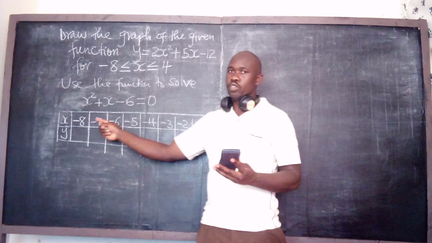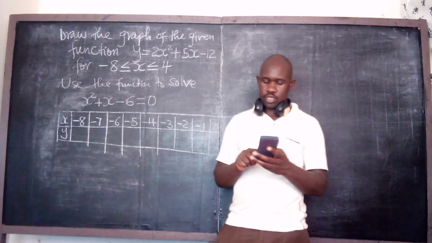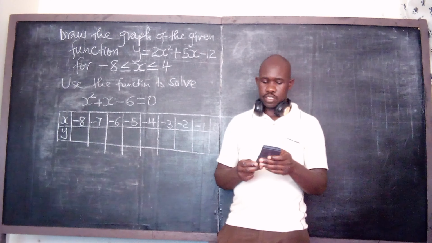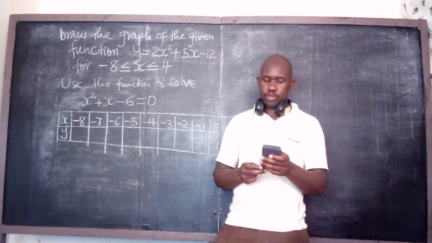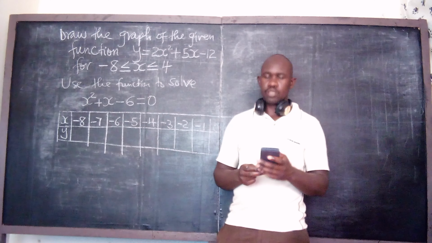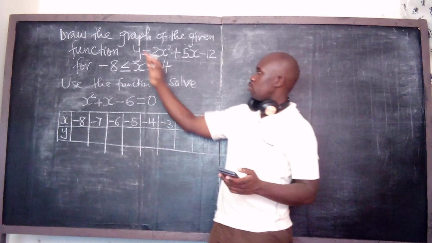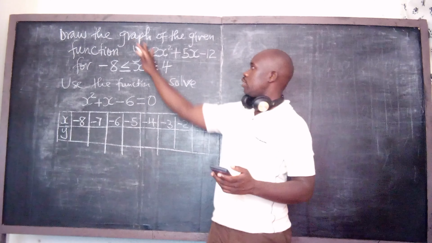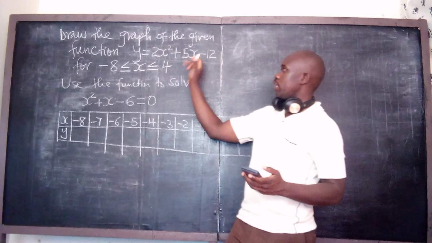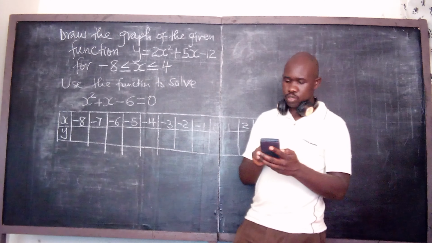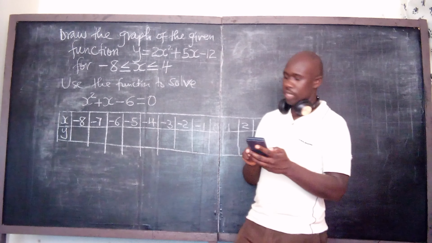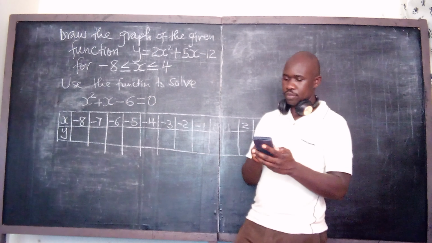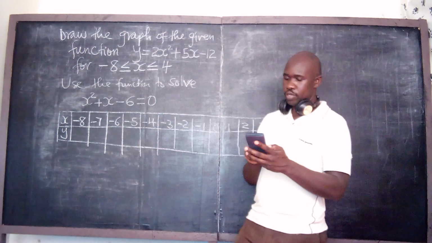Then there's intervals of 1, so plus 1. Then shift RCL, closure bracket. Then input the columns. Then enter this equation: 2x squared, then plus 5x, then minus 12.